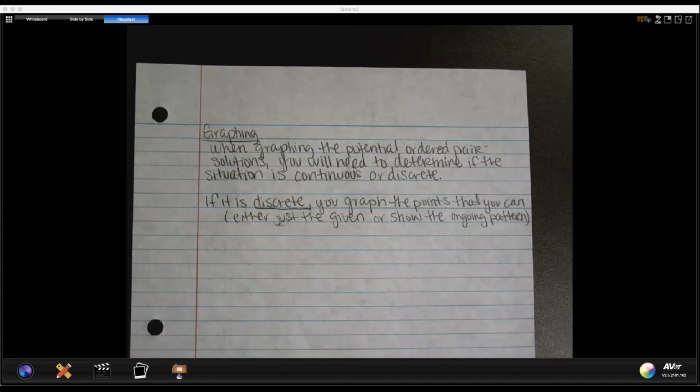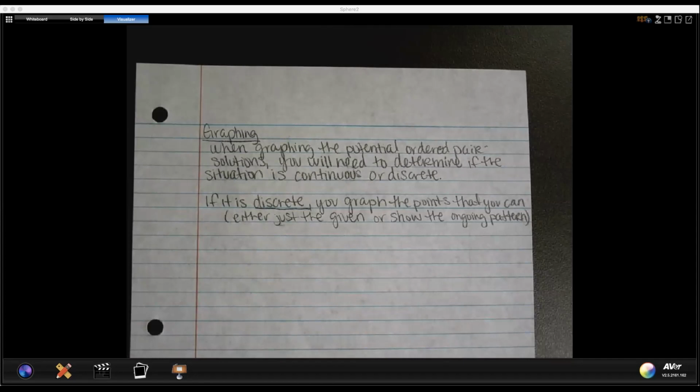Okay, now if I'm looking at discrete data, which we talked about the definition, meaning that you cannot fractionalize the input values, if I'm plotting those points, right? If I'm plotting 4 or 5 points, would I connect the points of a discrete graph? What does it mean when you connect points on a graph?